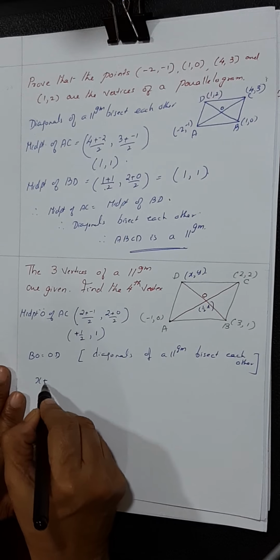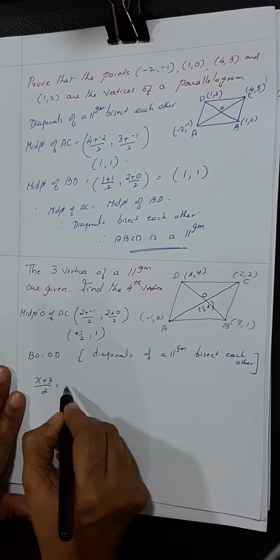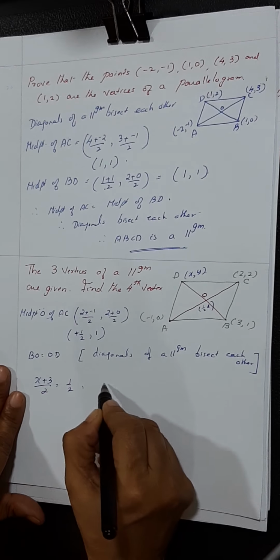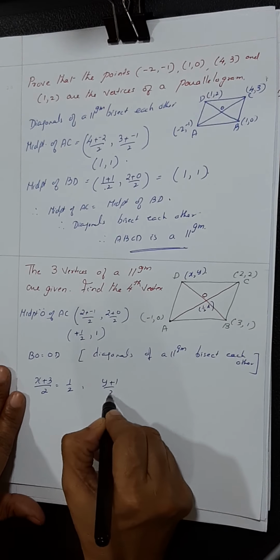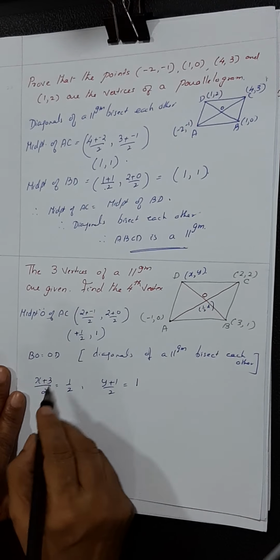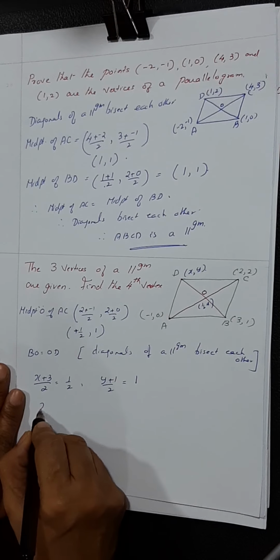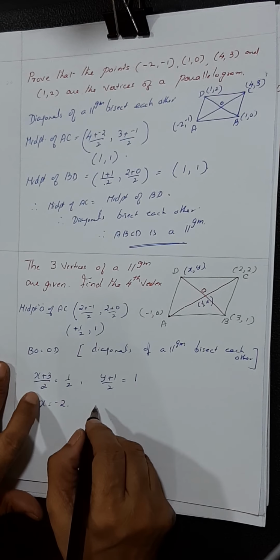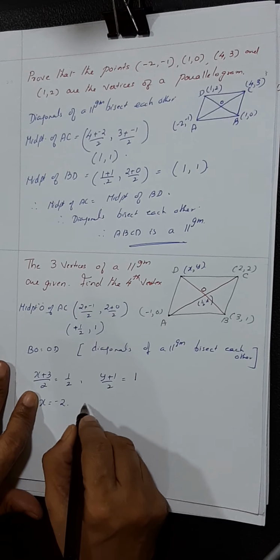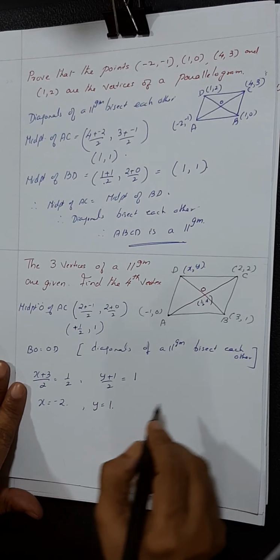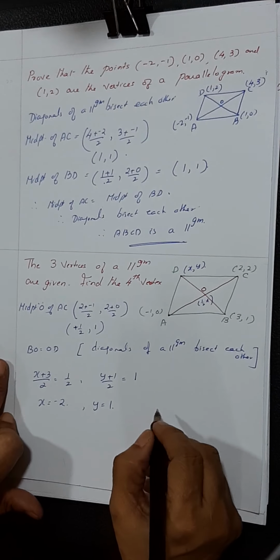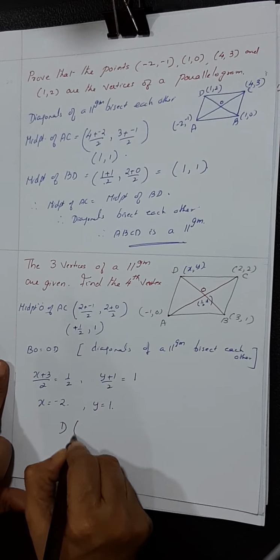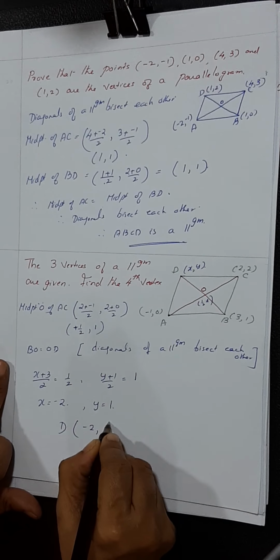So, x plus 3 by 2 is equal to half and y plus 1 by 2 is equal to 1. From this we can say x is equal to minus 2 and y is equal to 2 minus 1, y is equal to 1. So, the coordinates of D are minus 2 and 1.